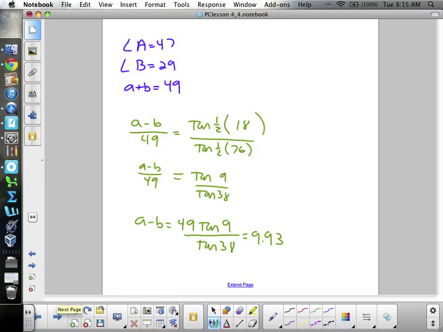Okay, now what? Well, it's fine. I have a plus b equals 49. A minus b equals 9.93. If I add them together, I get 2a equals 58.93. So 58.93 divided by 2 is 29.465.